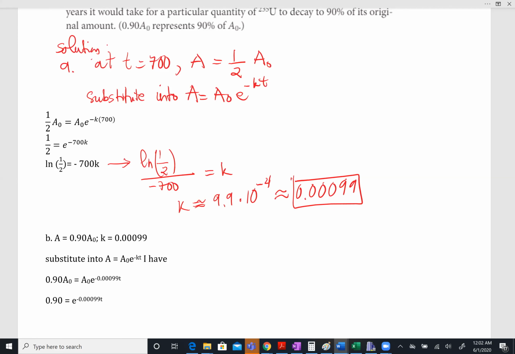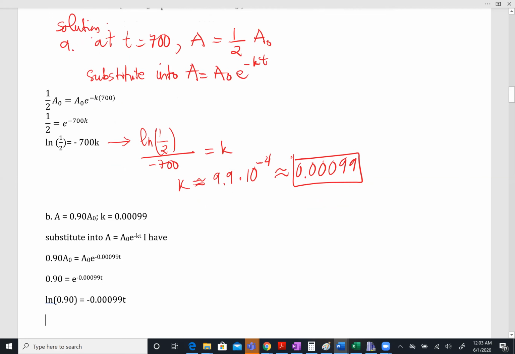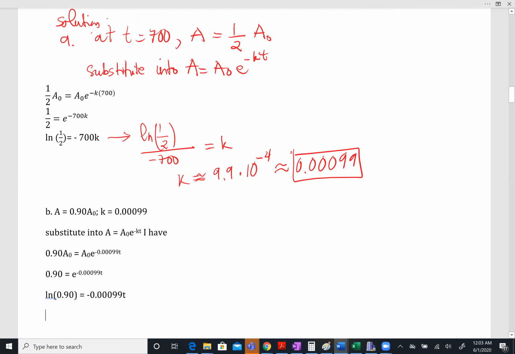So I have ln 0.90 equal to negative 0.00099 t.